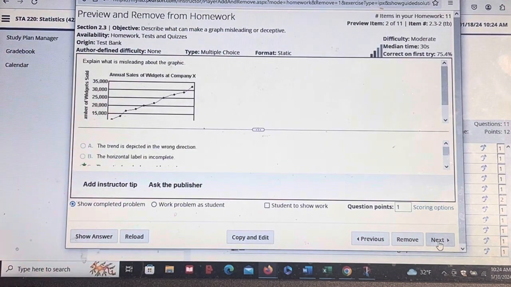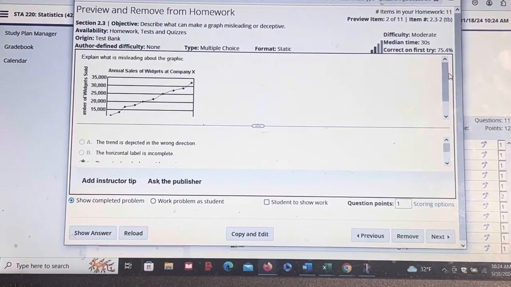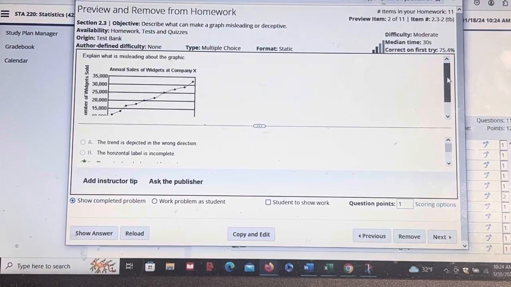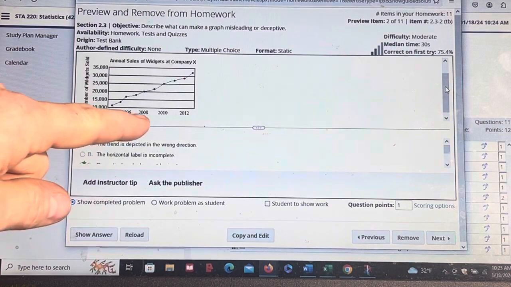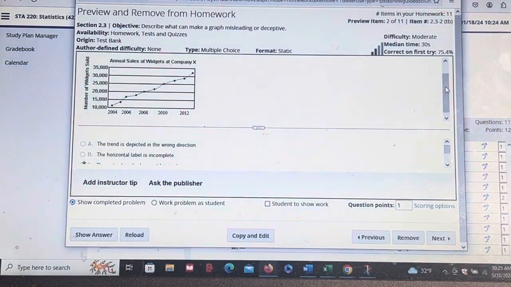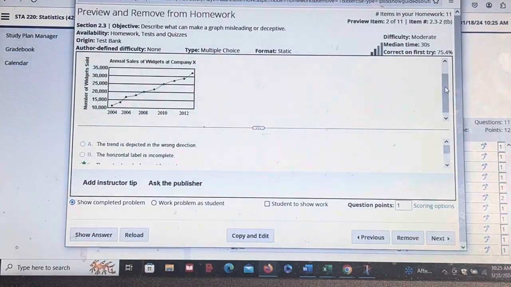In this little graph right here, see if I can scroll it down just a little bit for you. What's misleading about this? From 2006 to 2012. Well, the main thing that's misleading is it does not start at 0 on the vertical axis.